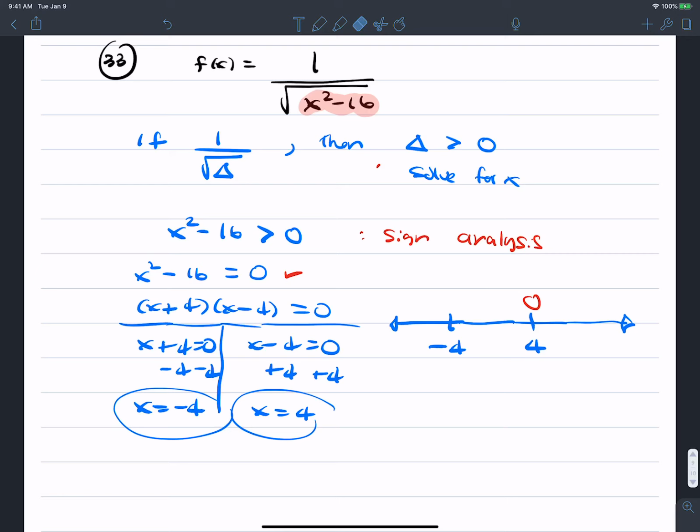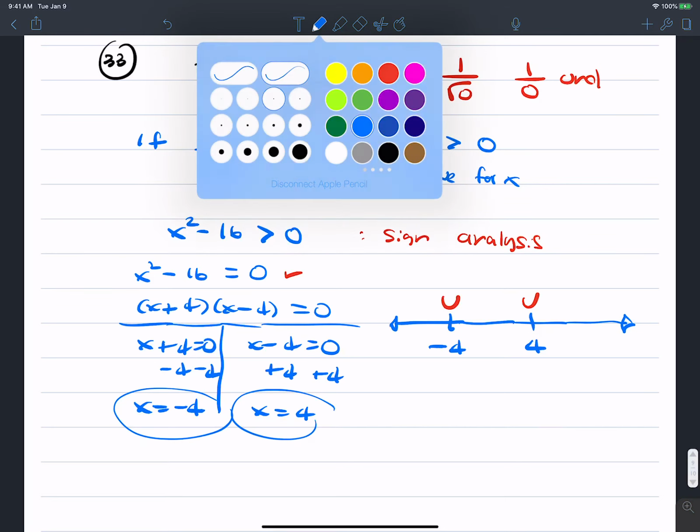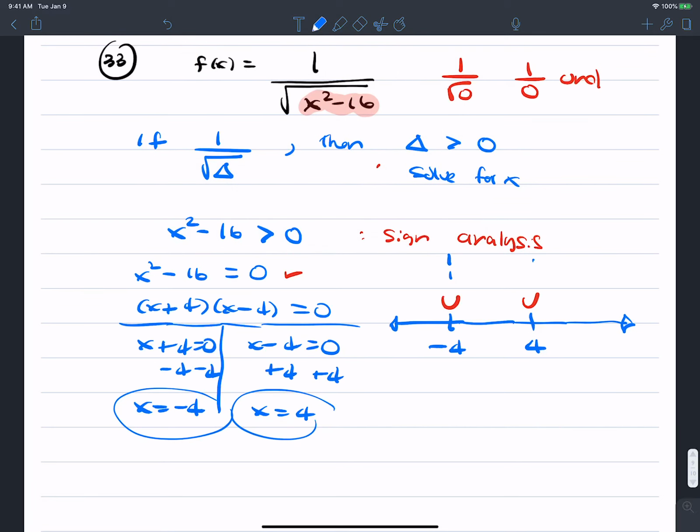So the fraction will be undefined at those values, because if we plug in those values for x, we'll get 1 over the square root of 0, which is 1 over 0, which is undefined. So those values of x make our denominator equal to 0, because the square root of 0 is 0. So we label this as undefined now, and that's the difference. This is what you need to remember.